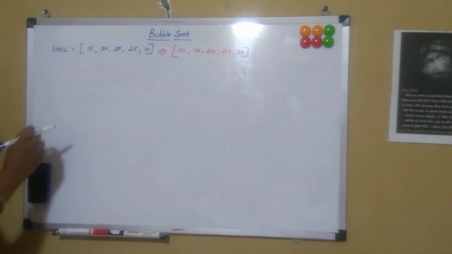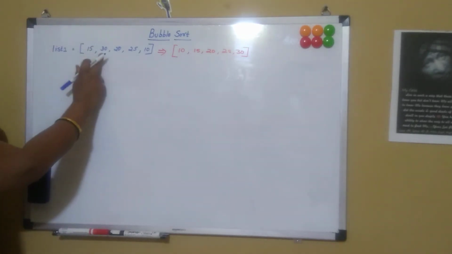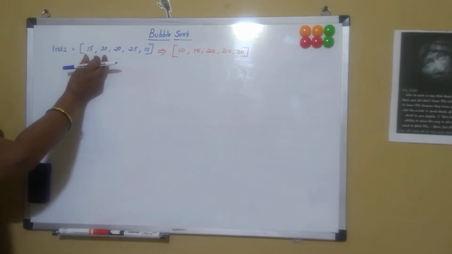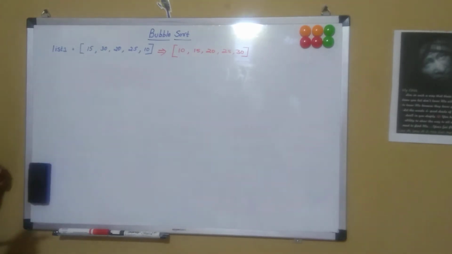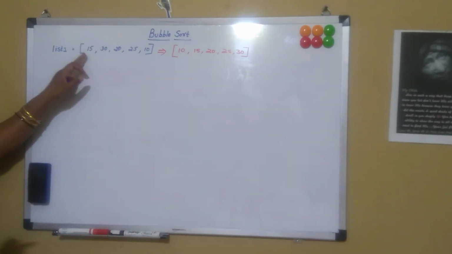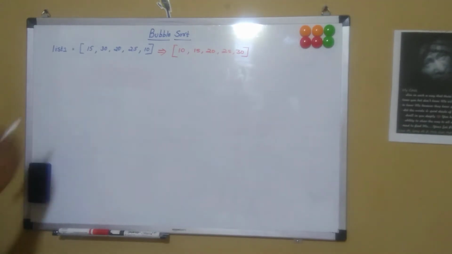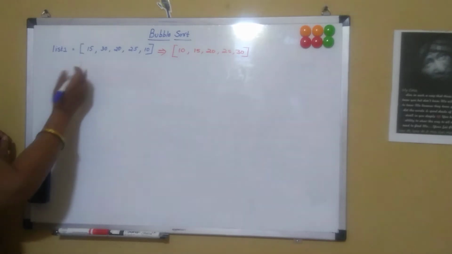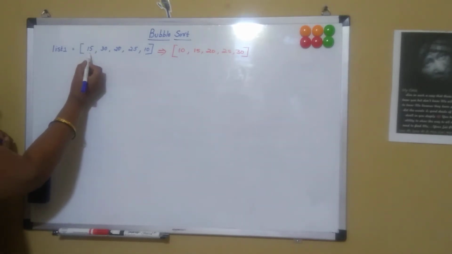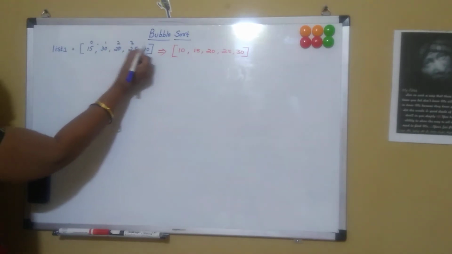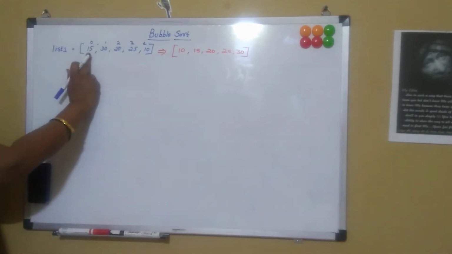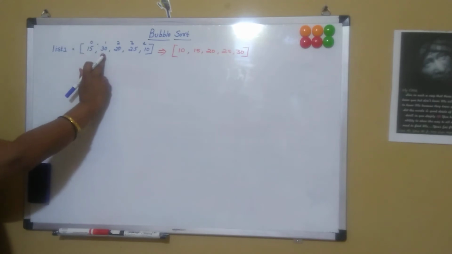Basically, bubble sort compares adjacent elements, that is, the elements which are lying next to each other. It compares the adjacent elements and does the sorting based on whatever we want, whether in ascending order or in descending order. For ascending order, it will check if the value at index 0 is greater than the value at index 1.